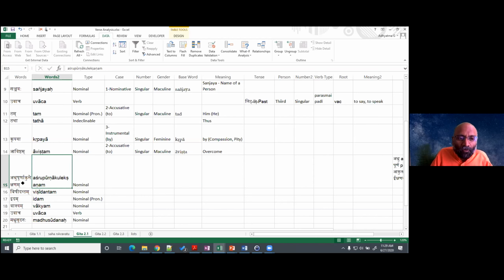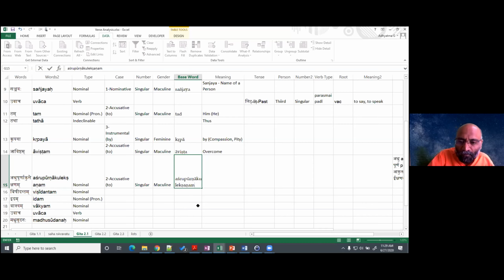Ashru Purna Akulekshanam. It's a pretty long word. This is the accusative, singular, masculine, and this will be the base word, and we have to see what the meaning is here.